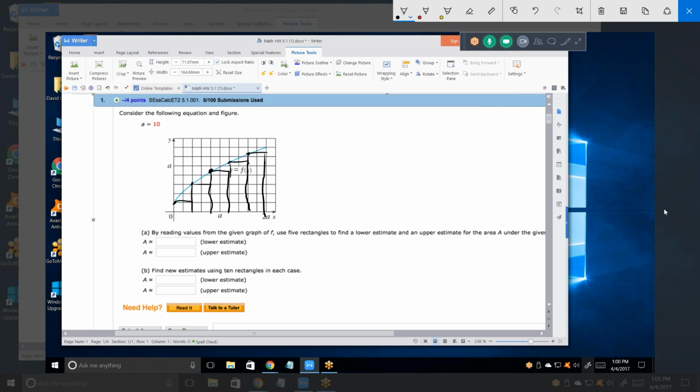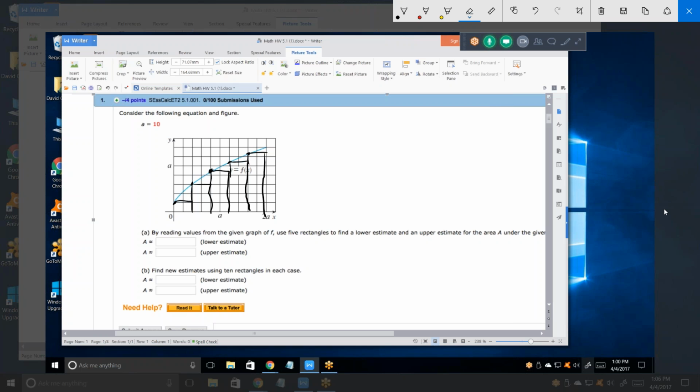Now, notice what is happening here is that I am underestimating the true area under that curve, right? I mean, look at all this area here that's not being counted. All of those areas right there are not being counted in my estimate, and so I'm clearly getting an underestimate.